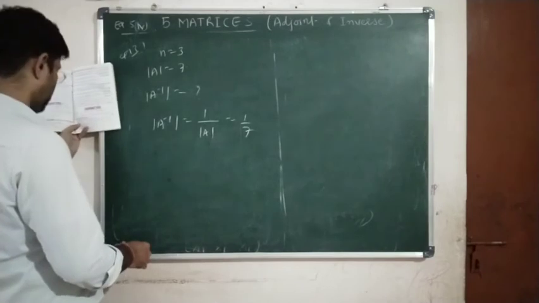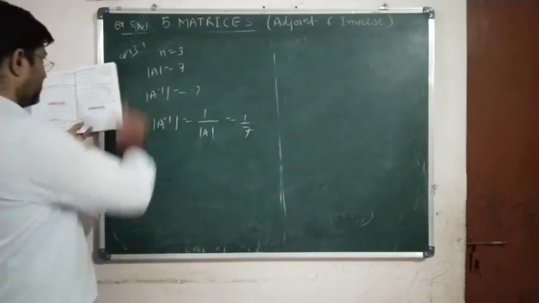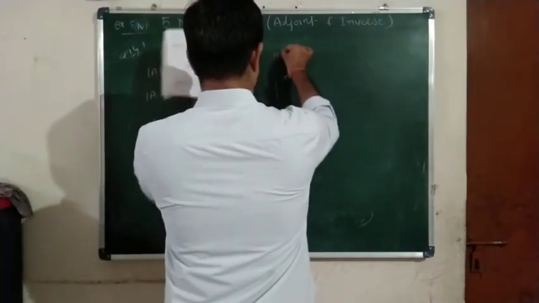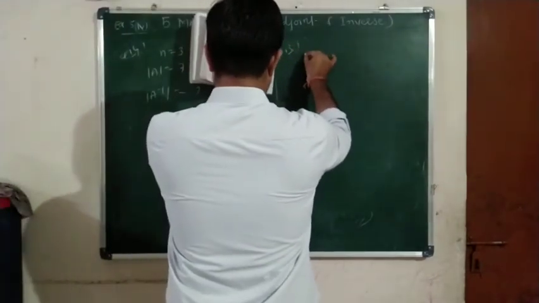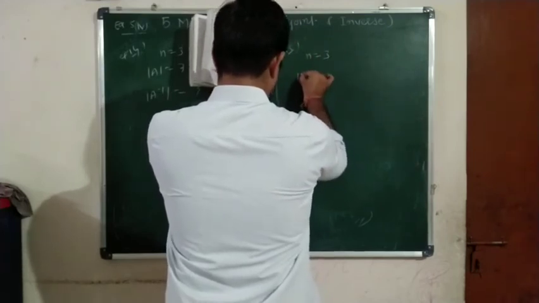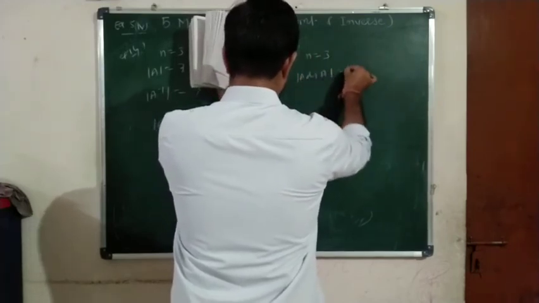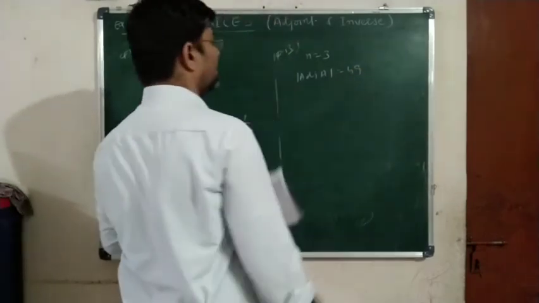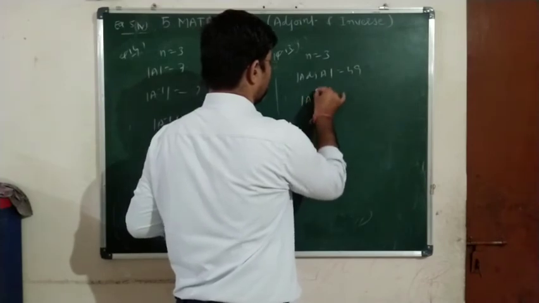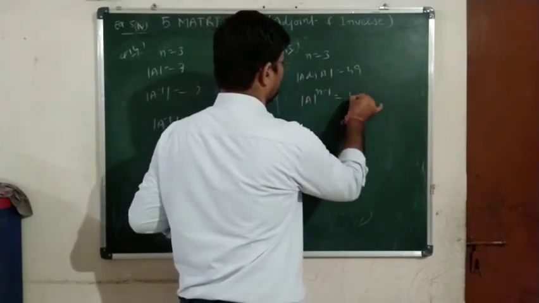Okay, so question number 13. Okay, this is by mistake I have done question number 14. Let me do question number 13 over here. Order of matrix A is given to be 3. Determinant of adjoint of A is given to be 49. We have a formula: determinant of adjoint is equal to determinant of A raised to n minus 1.